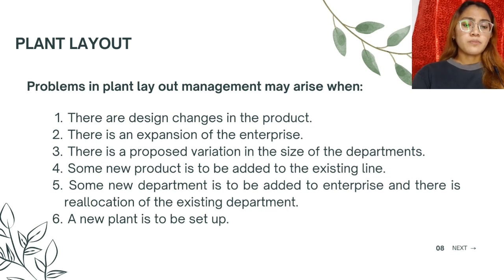Fourth, if some new product is to be added to the existing line. Fifth, if some new department is to be added to the enterprise and there is a reallocation of the existing departments. And lastly, if a new plant is to be set up.